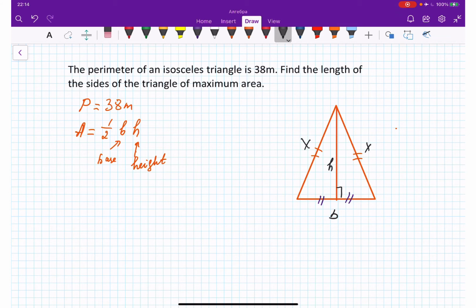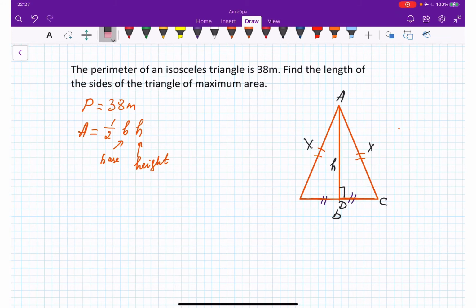Okay, so let's find how much is our base B and how much is our height to be able to figure out the area, with further maximizing the area.